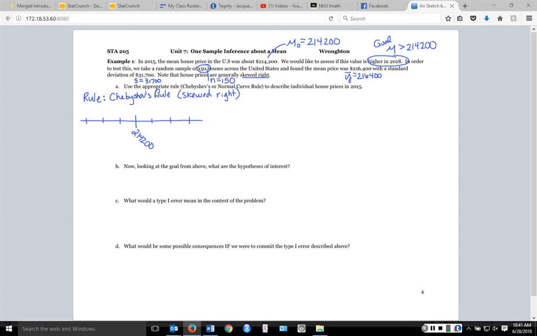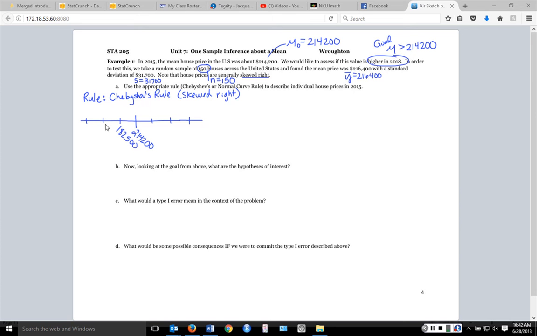My standard deviation, the only one I got to use, is the 31,700. So each of these steps is going to be 31,700. So I'll start with my $214,200, subtract off $31,700, and we should get $182,500.